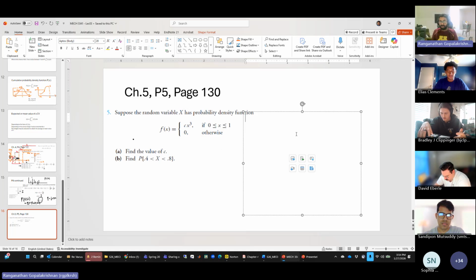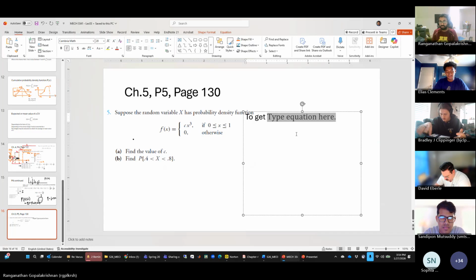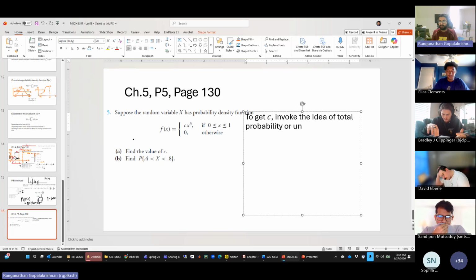Okay. To get the value of c, invoke the idea of total probability, or area under the curve, adding up to 1.